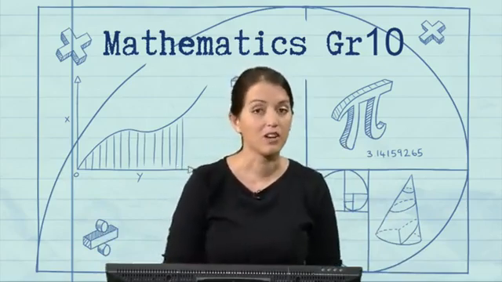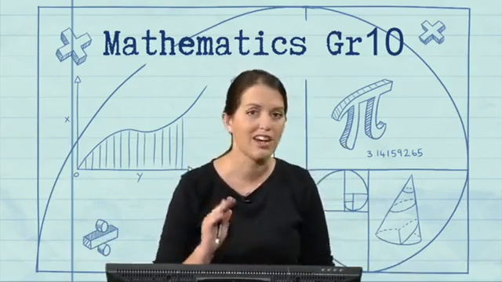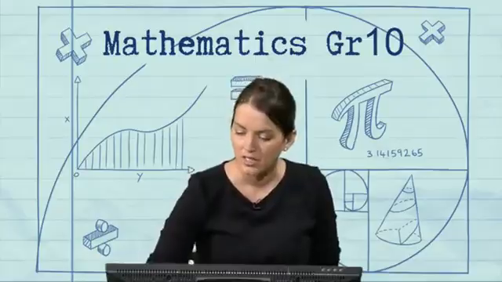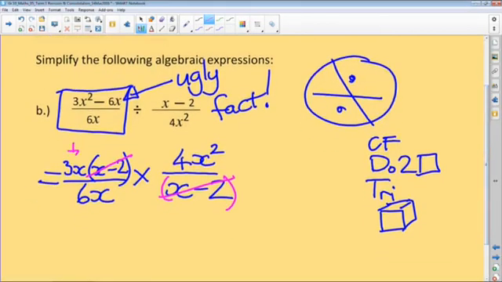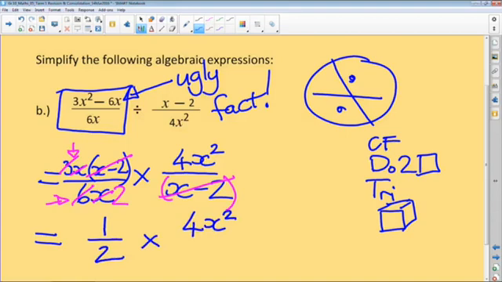Okay, we've got some other cancelling we can do here. I haven't quite finished, so let's go back to it. You'll see we've got 3x and 6x. The x can cancel with the x, and the 3 cancels with the 6, but that leaves us with 2. So what we have now, and let's rewrite this neatly, is 1 over 2 times 4x squared over 1.